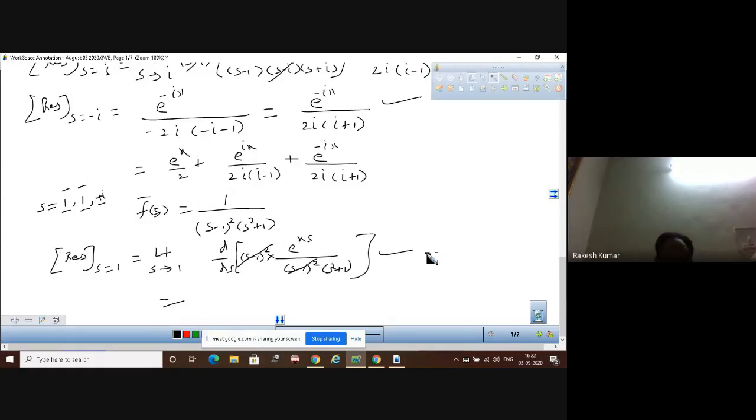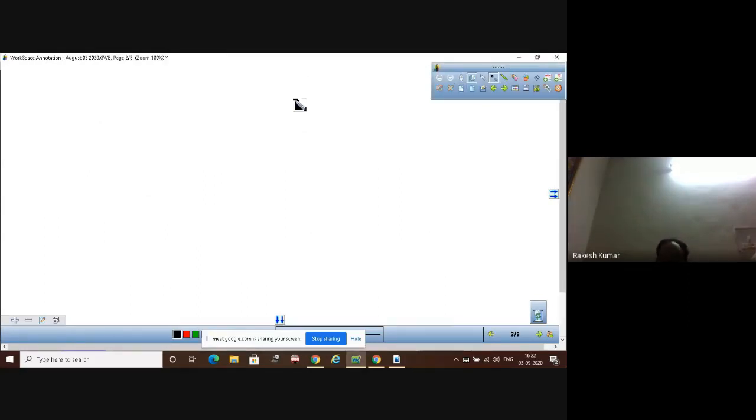So let us come to the application part. That will be the applications of Fourier transforms to solve boundary value problems.